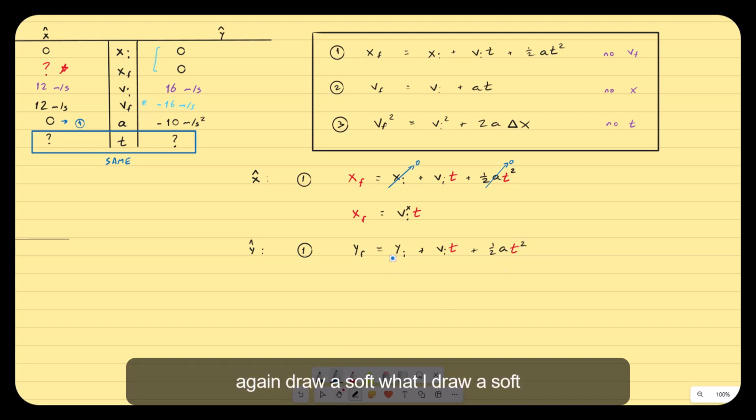I can again cross off what I can cross off. It's that one and that one. And that leaves me with 0 equals v initial t plus half a t squared. I can solve this thing.